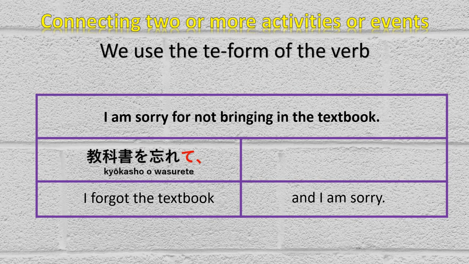Now, to translate it in Japanese, kyokasho wasurete. I forgot the textbook. Sumimasen. I forgot the textbook and I am sorry. Kyokasho wasurete sumimasen. I'm sorry for not bringing in the textbook, but literally it means, I forgot the textbook, I'm sorry.